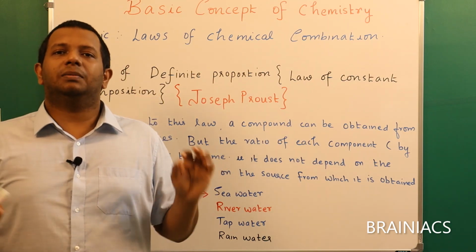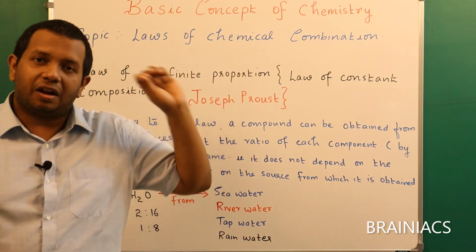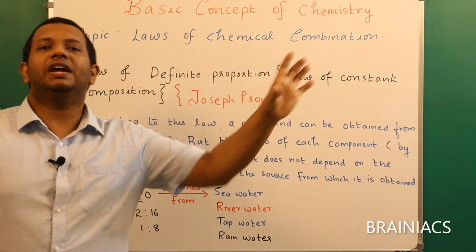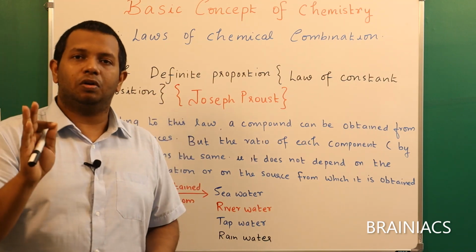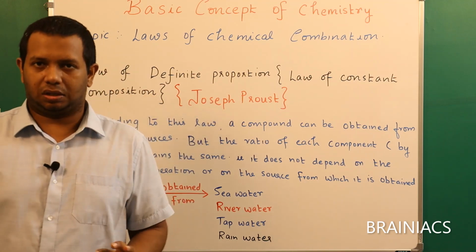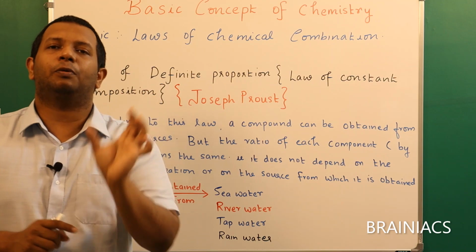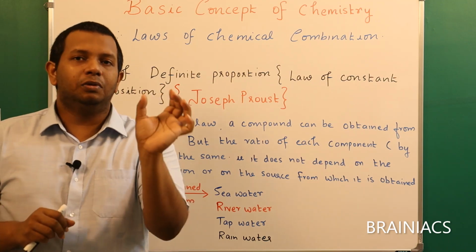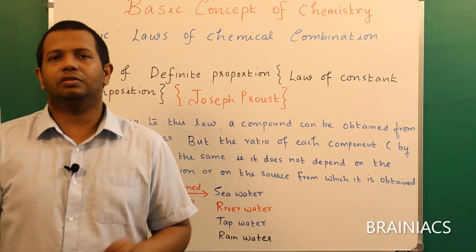Whatever be the method by which you prepare that compound, or whatever be the source from which you obtain it, that chemical compound will always have the elements combined together in a definite proportion by weight. And if you check that ratio, it will always be constant. This is what this law is talking about.